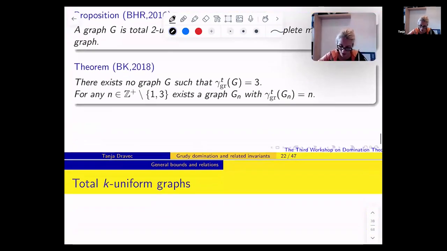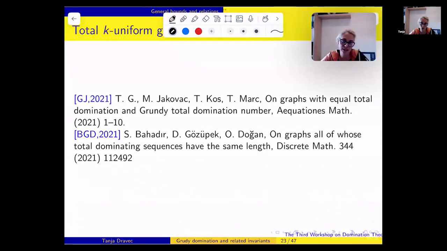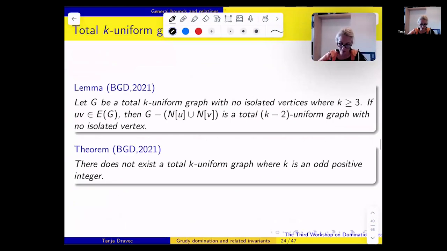Then this problem was studied in two more papers. First, it was proved that there does not exist a total K-uniform graph where K is an odd positive integer.